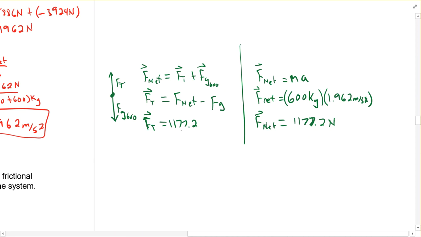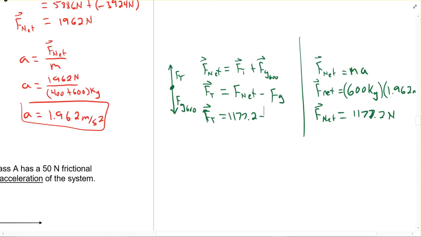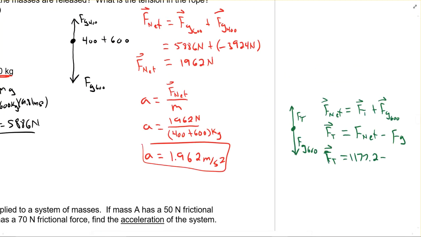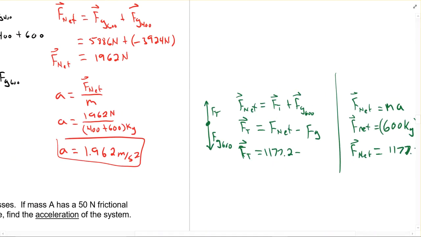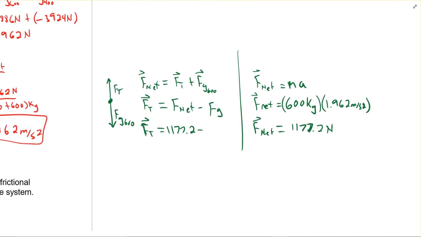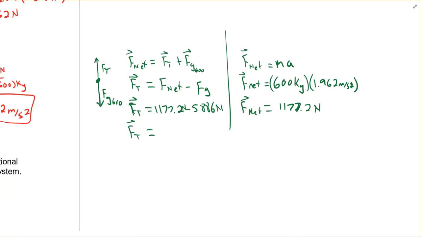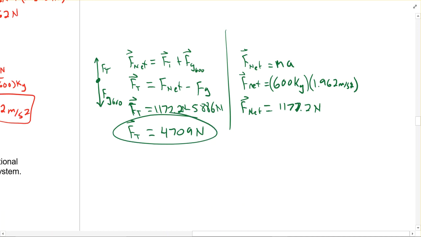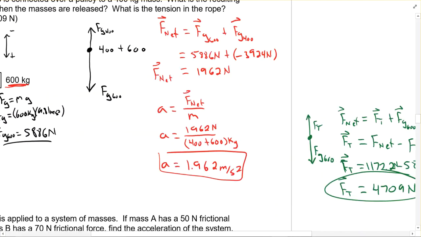So 1,177.2 minus, now what was Fg again? 5,886. So Ft is 4,709 newtons. Okay, so hopefully that made sense.